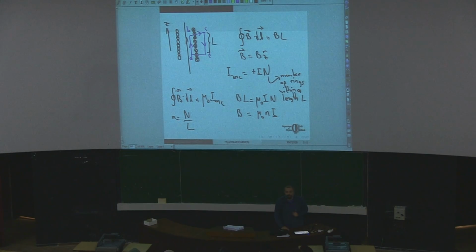Now let's look at the second solution. And B, the magnetic field itself, is this one.